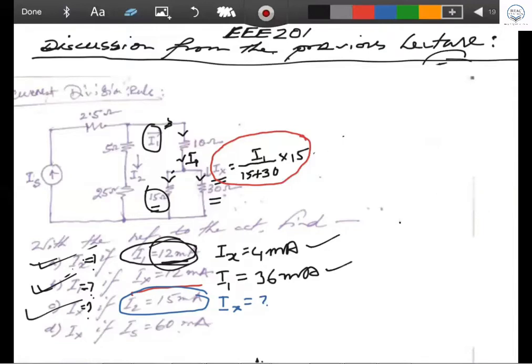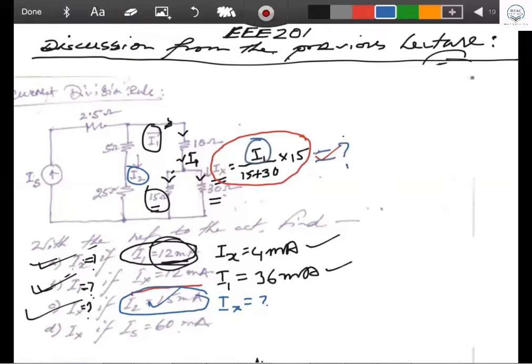This equation is valid, it is standard. Now the value of I2 is given here, 15 milliampere, and you have to find Ix. What is the value of Ix? To find the Ix value, you need the value of I1.